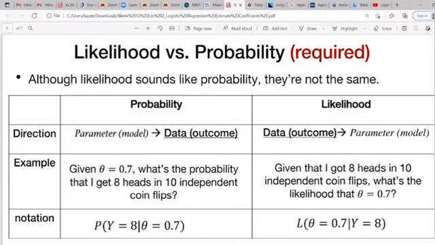Now I want you to see the difference between that and likelihood. Look at the way likelihood is going to reframe the question. Likelihood is going to say, given that I got 8 heads, can you still confirm if you are hearing me clearly?